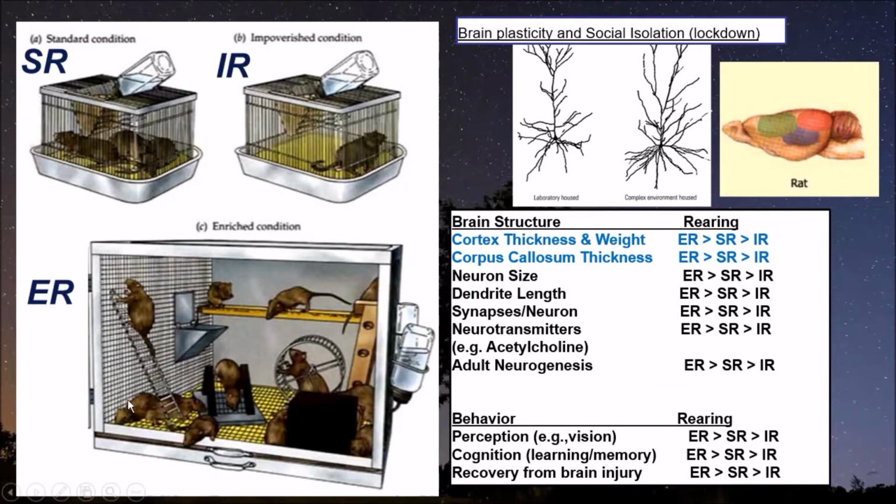They have what's called the enriched condition, the standard condition, where they have some other rats in their pen but no toys or things to do, and the isolated or impoverished rat condition. We're going to compare all three.